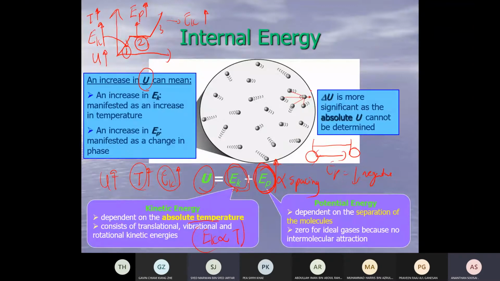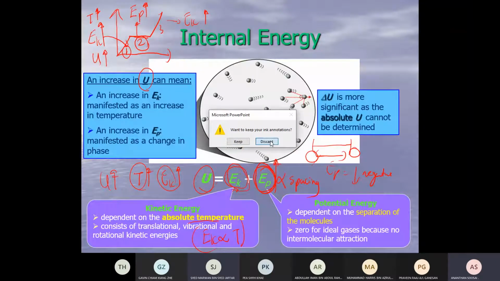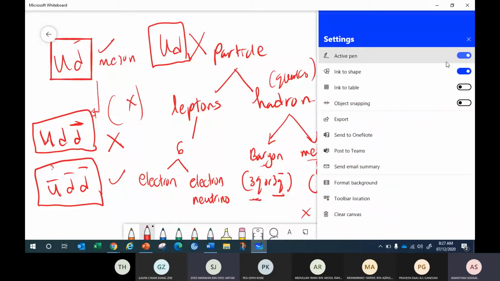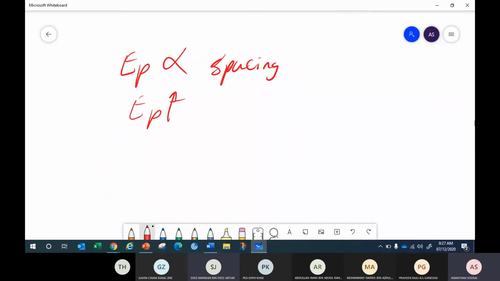Okay, so now I need to talk about some exceptions. Talking about EP, EP is proportional to what? Spacing, I told you. But actually EP increases when the intermolecular force decreases.